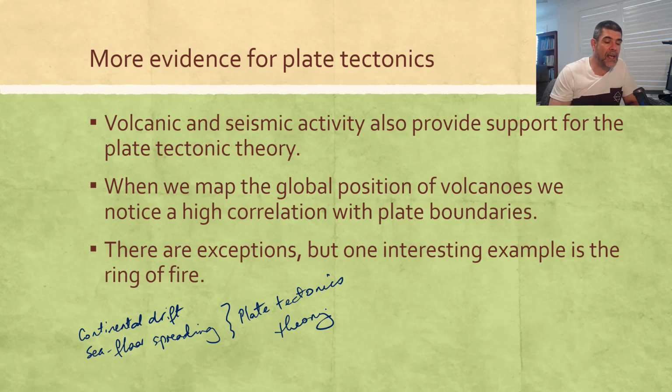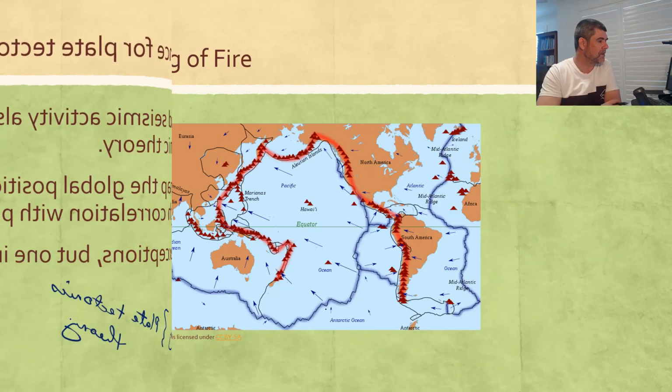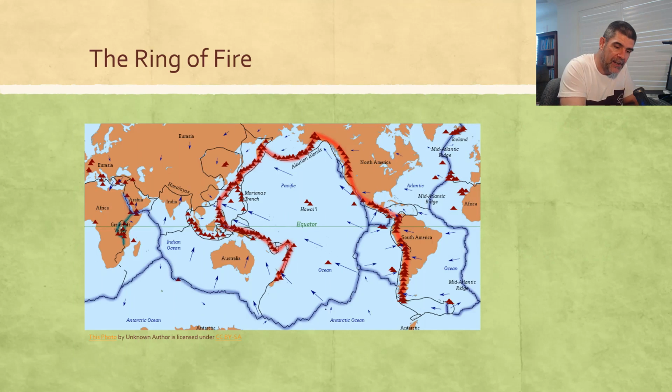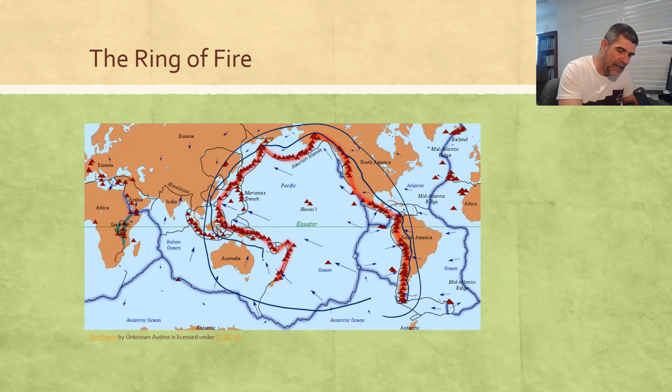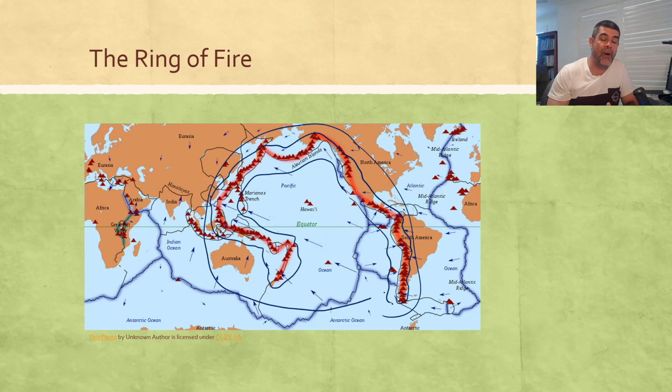Now there are exceptions, and one really good thing to focus on, particularly because it's in the area that we live, is the so-called Ring of Fire. So here is the Ring of Fire. You can actually see it on the map here. It's this distribution of volcanic activity, which isn't quite a closed ring, but it's pretty close, sitting all the way around the Pacific Ocean.